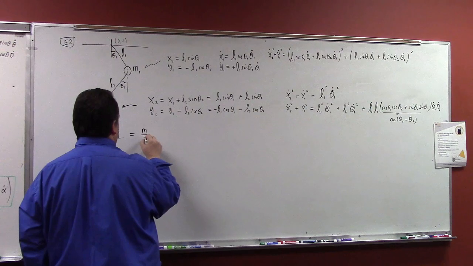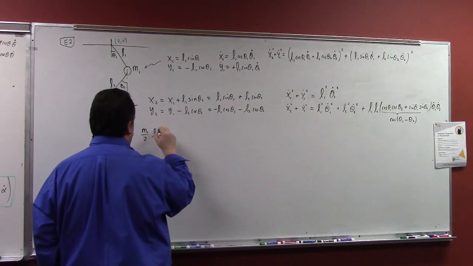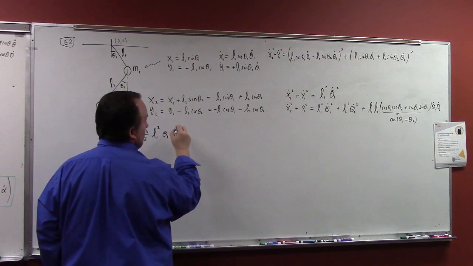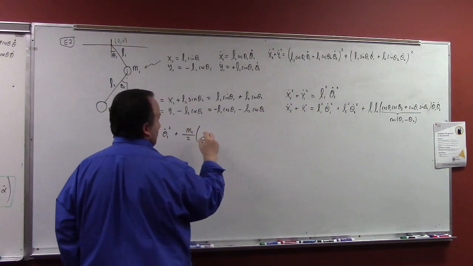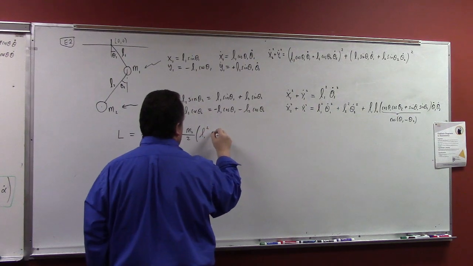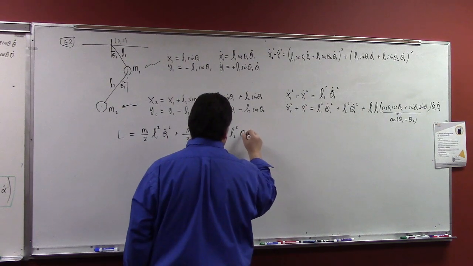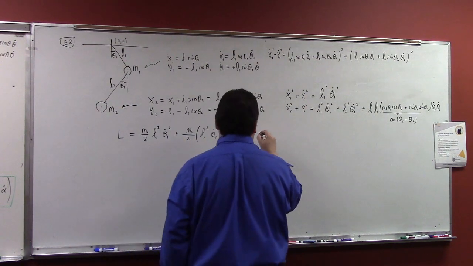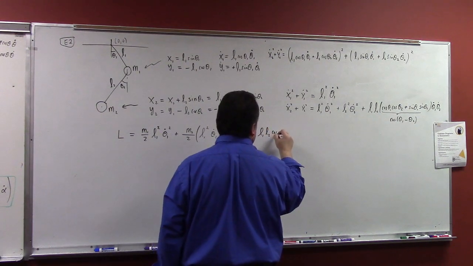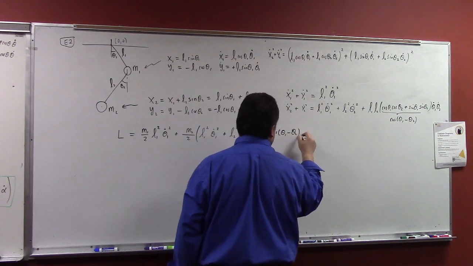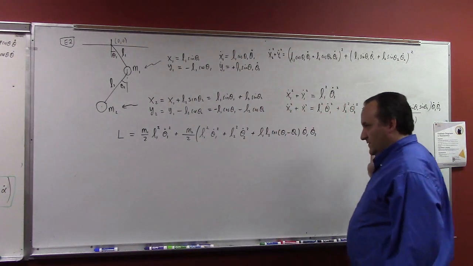M1 over 2 L1 squared theta 1 dot squared, plus M2 over 2 times L1 squared theta 1 dot squared, plus L2 squared theta 2 dot squared, plus L1 L2 cosine of theta 1 minus theta 2, theta 1 dot, theta 2 dot. That is just my kinetic energy so far.